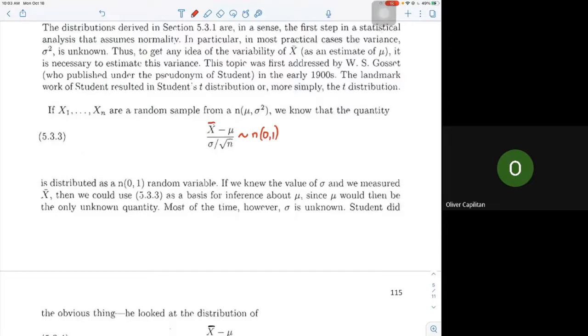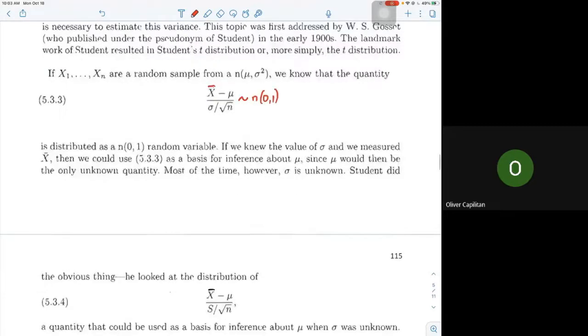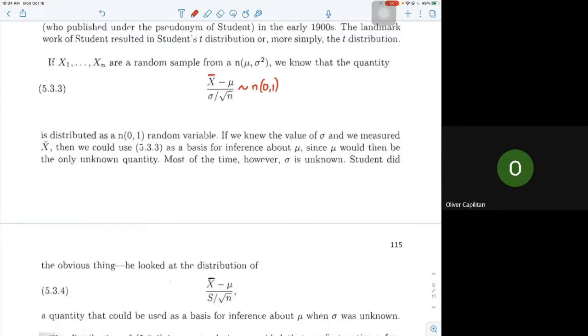Okay, so this is easy to show. We have this transformation. Take note. We can have Z equal to X bar minus mu over sigma.